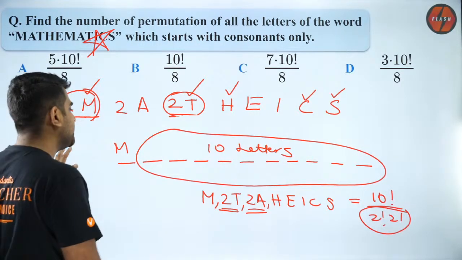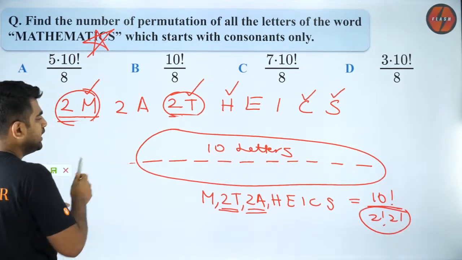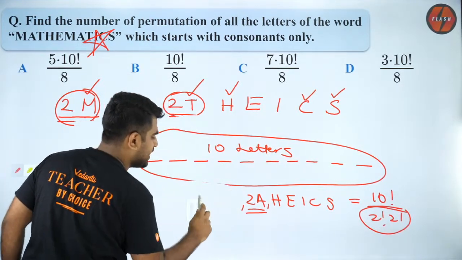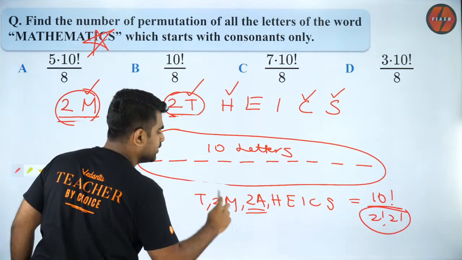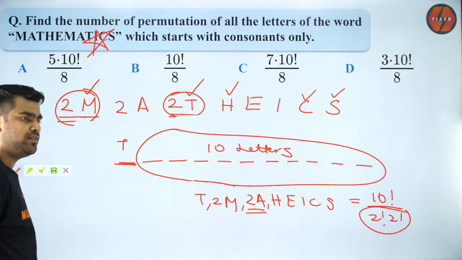Now this is for M. Now I can have T also. If I have a T also, what will change? Now you will have a T and 2 M's over here. So don't you think it will be the same, 10 factorial by 2 factorial 2 factorial?